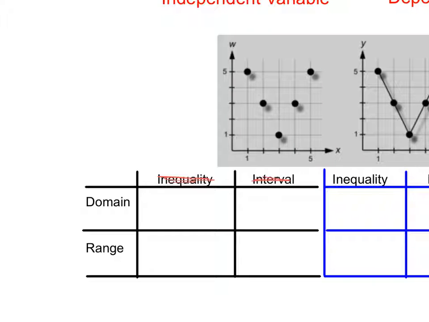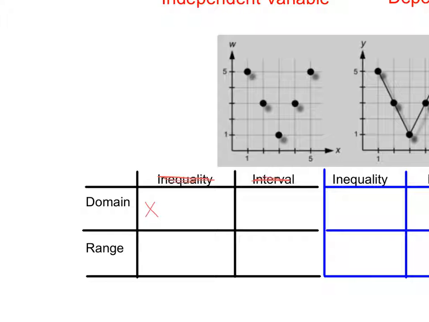It's 1, 2, 3, 4, and 5. It doesn't equal 1.5 or anything between.